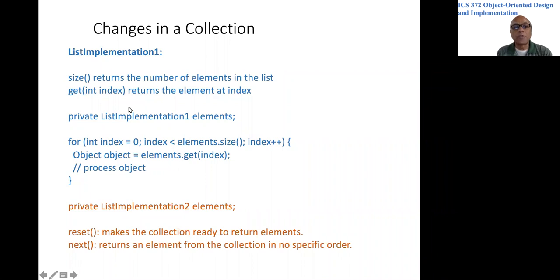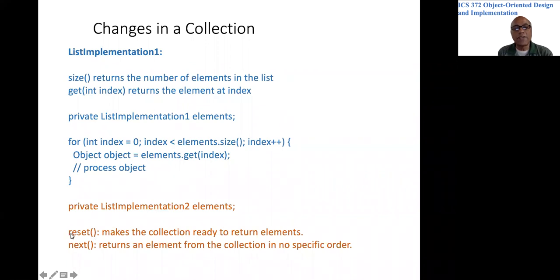So let's assume that list implementation 1 has been deprecated. You are not advised to use it. So the client starts using list, changes this to list implementation 2. But this code is no longer going to work because there is no more get in list implementation 2. There is no size in list implementation 2.